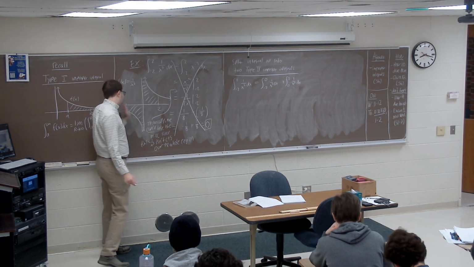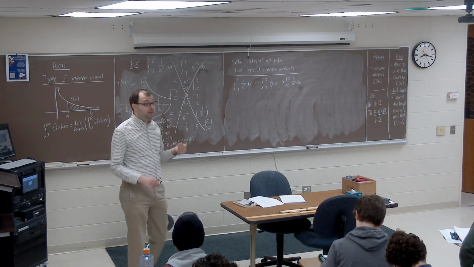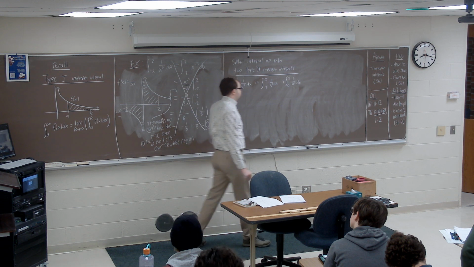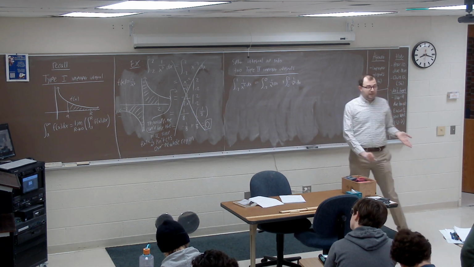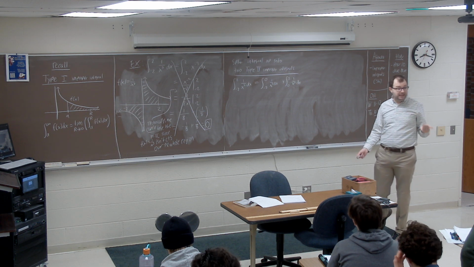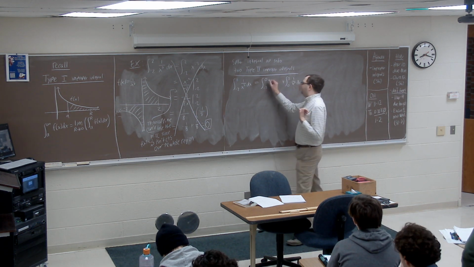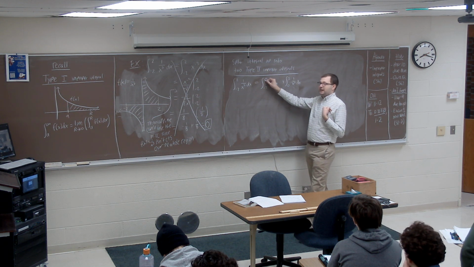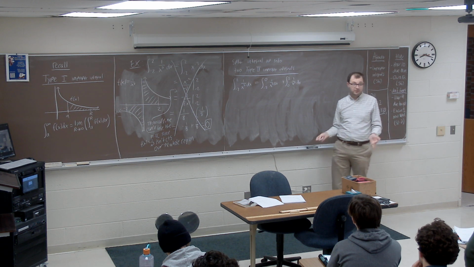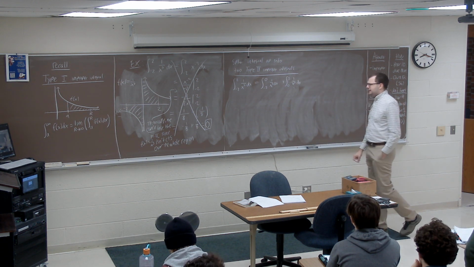From -2 to 0, we have a similar type 2 improper integral going on. By splitting up our integral with a problem point in the middle into two separate regions, this one bounded above by the scary point, this one bounded below by the scary value of x equals 0, I think we can make this work out a little bit nicer.